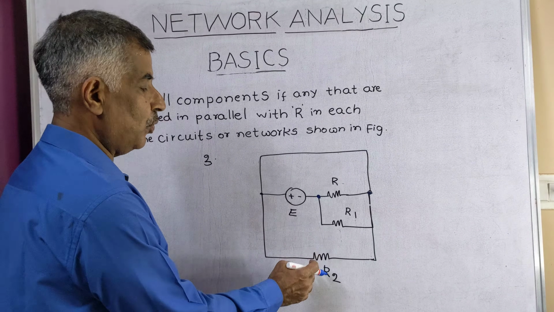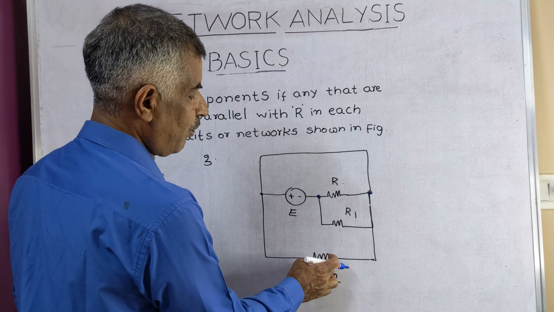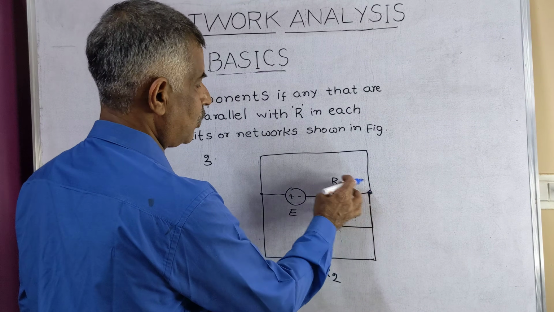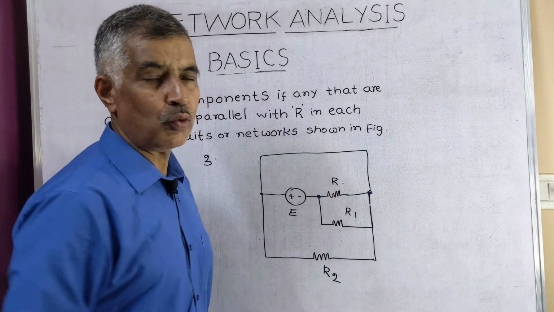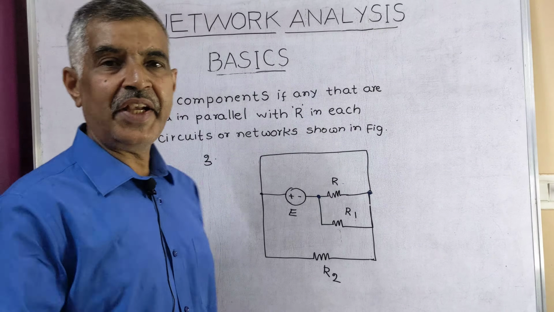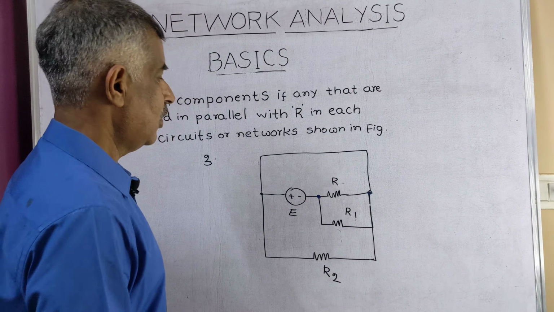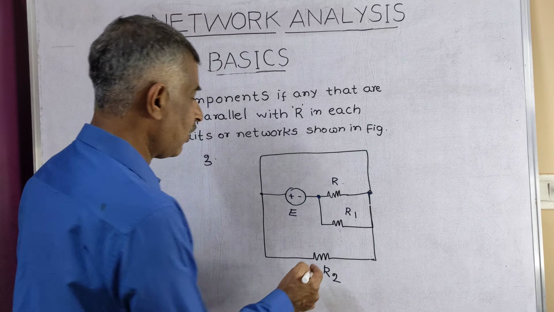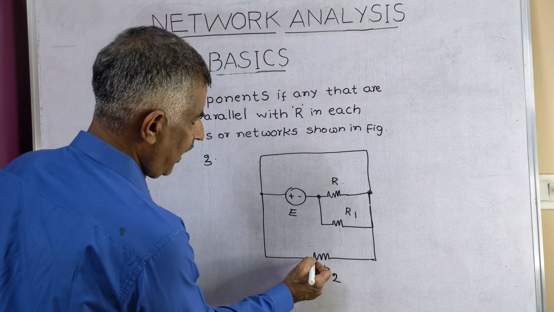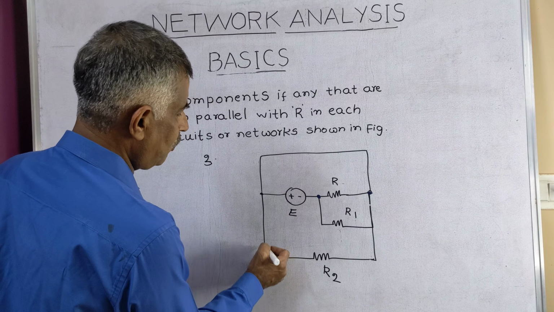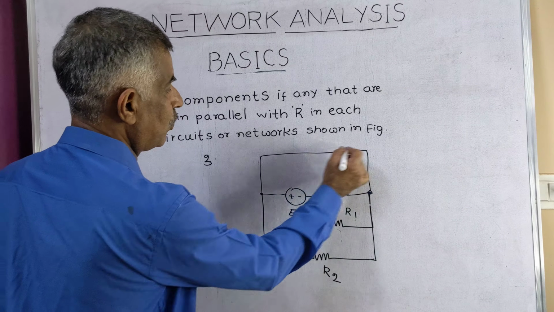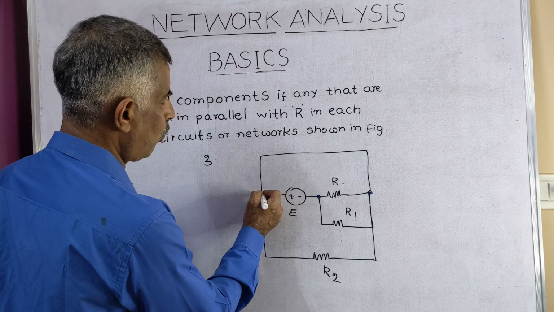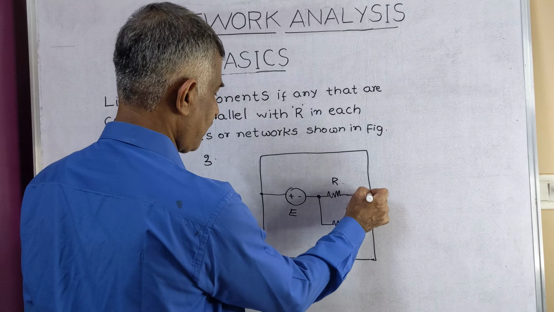What about R2? R2 is connected here. So that is one end with R. So one end of R2, one end of R common. What about the other end? This end. Now this is a short circuit. So that means I have to coincide this with this.